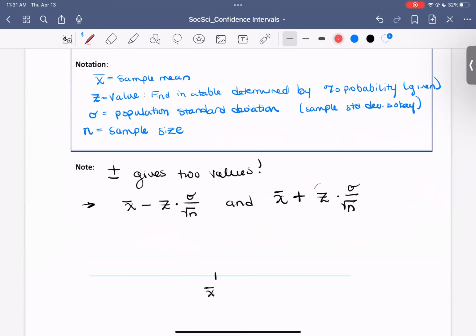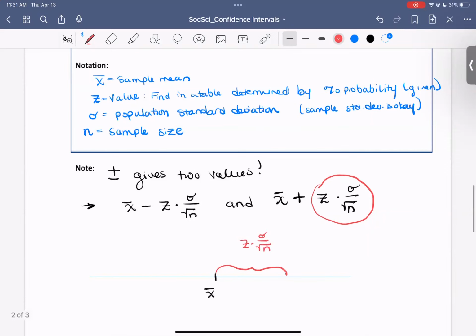Then we add a certain chunk of values, Z times sigma over root n, and then we subtract that same chunk.